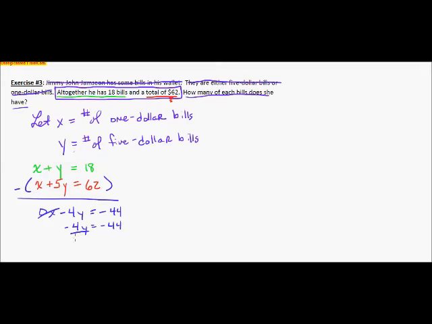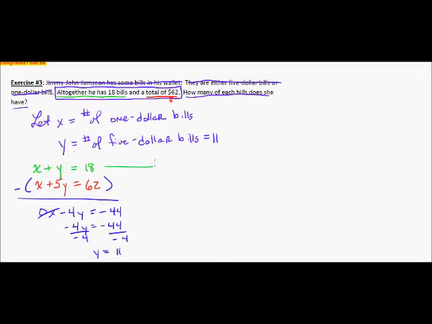And then I simply divide by negative 4 on both sides, and y equals 11. So the number of $5 bills, that's y, the number of $5 bills is 11. So now I take one of my equations up here.